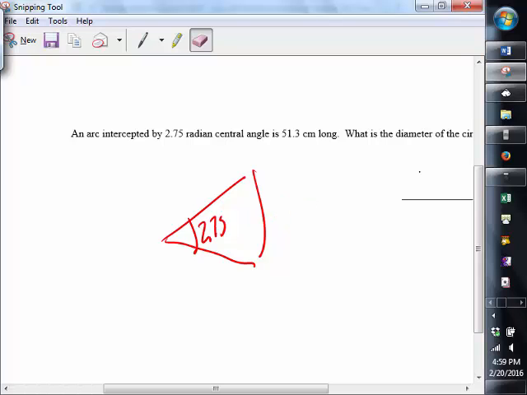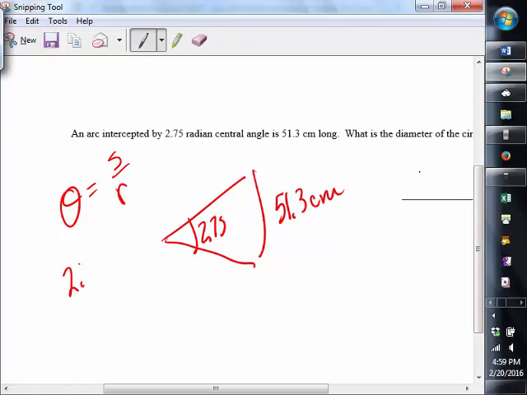The arc here is 51.3 centimeters long. So theta equals S over R. 2.75 equals 51.3 over what we're looking for. And to find that, R will be, put the 2.75 on the bottom.